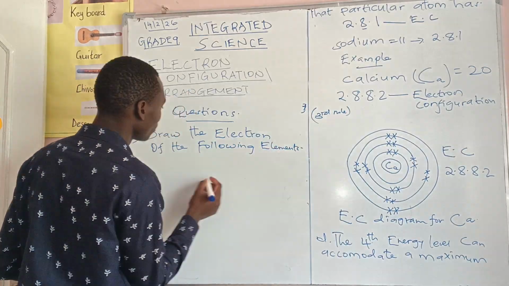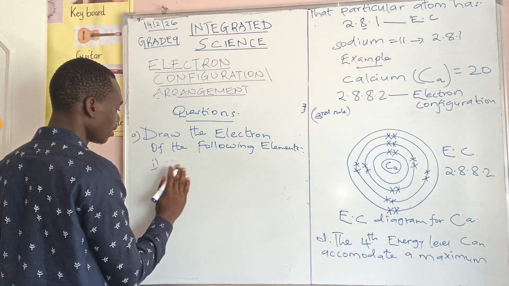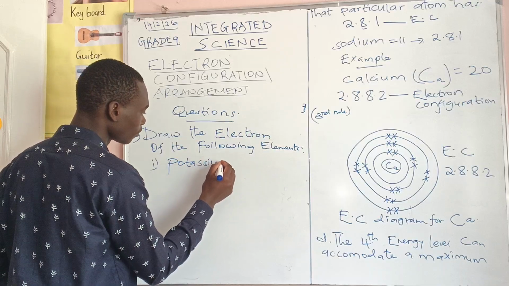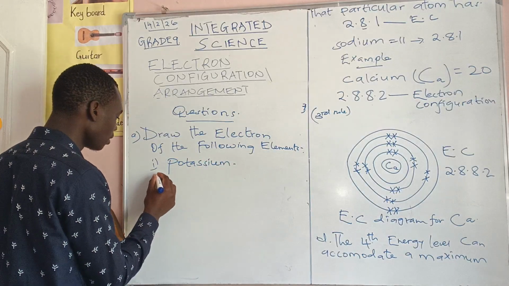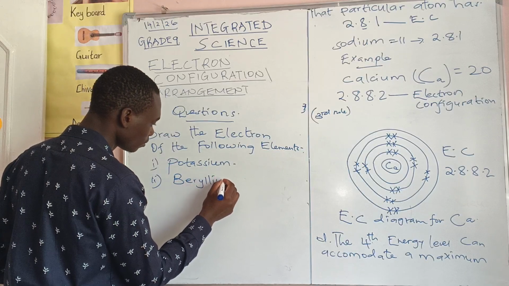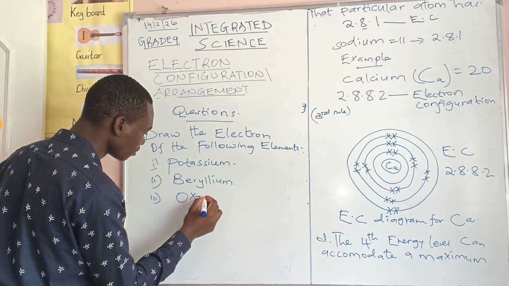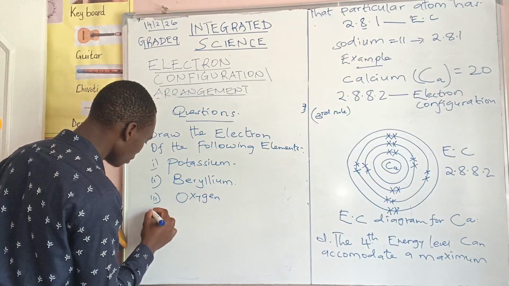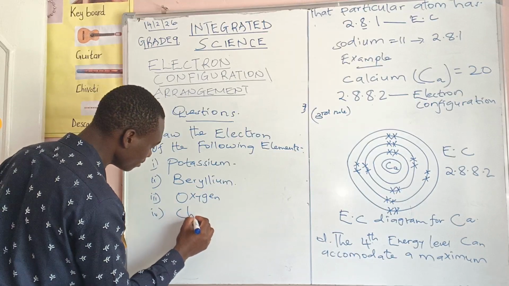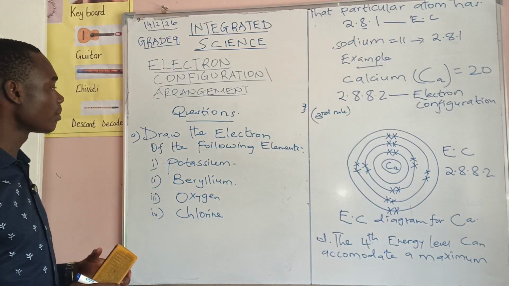Roman 1, potassium. Roman 2, beryllium. Roman 3, oxygen. Roman 4, chlorine. Consider doing that. It is a very simple task.